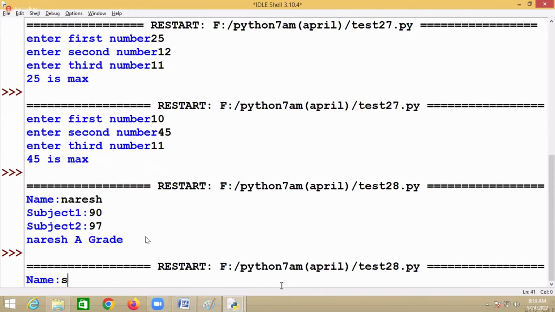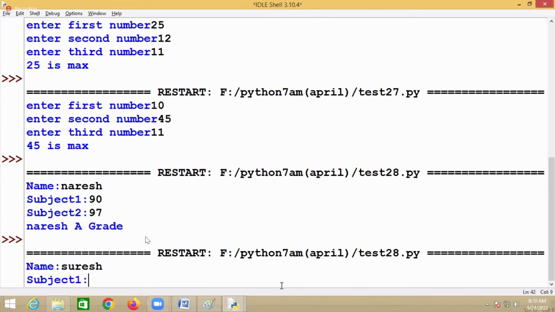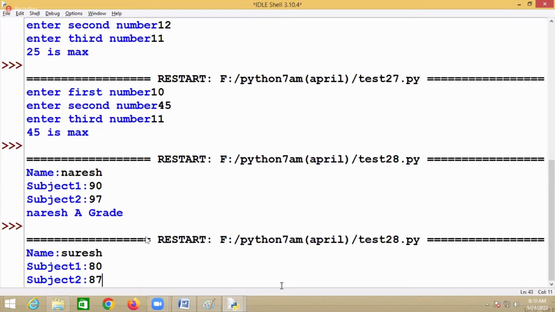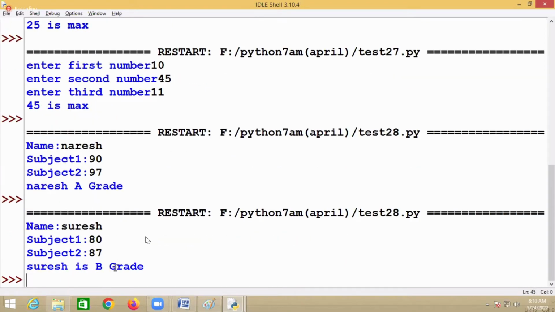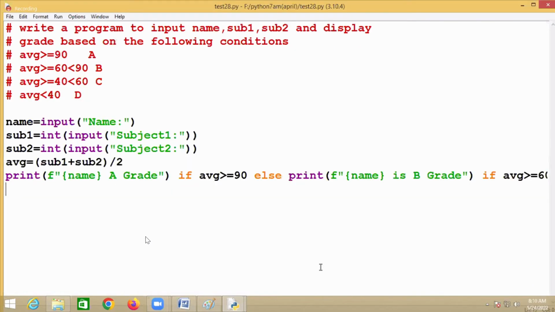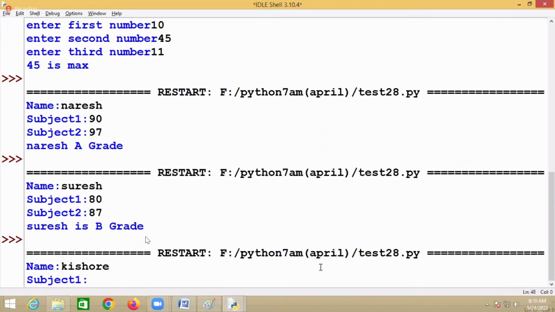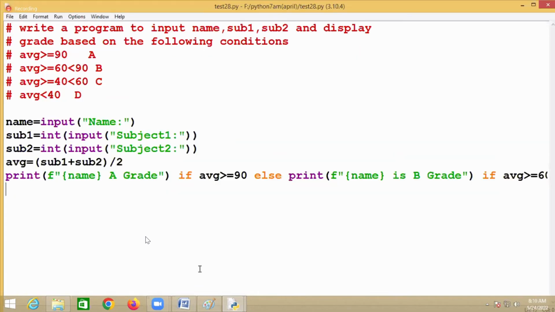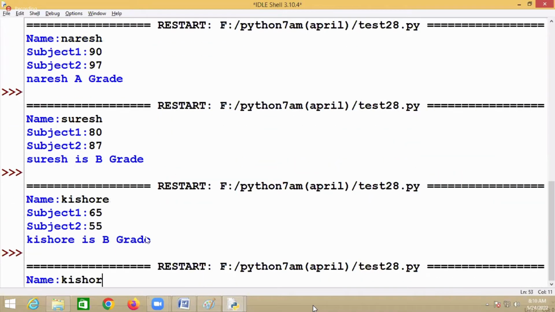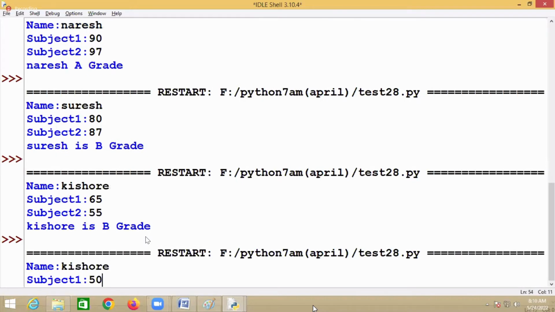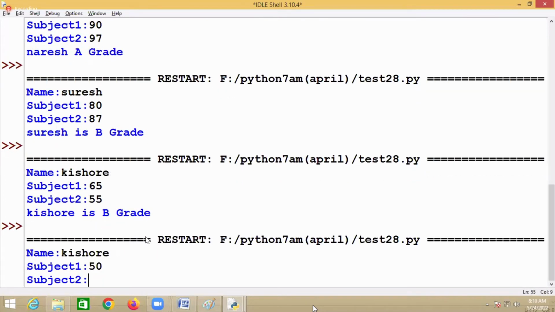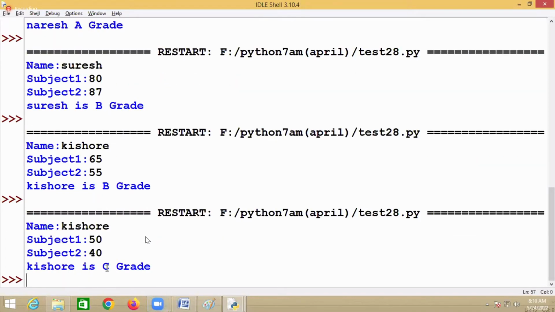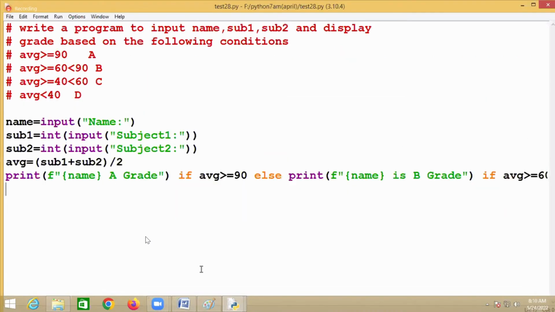I input the name of the student as Suresh, with 80 and 87. Suresh is B grade. Next the student is Kishore, with 65 and 55. Kishore is also B grade. Now I input a student with 50 and 40. Which grade is it here? C grade. Now I try to execute this.